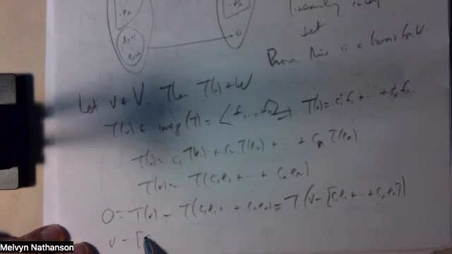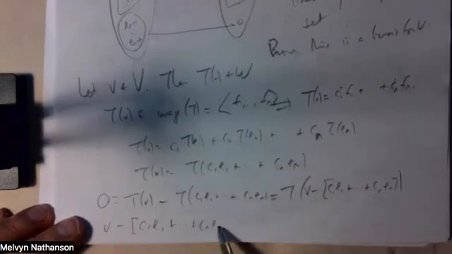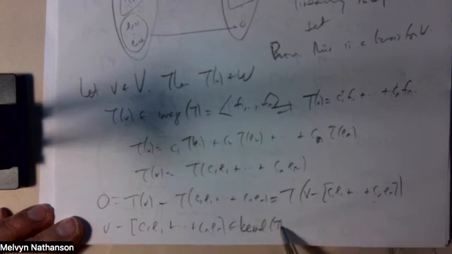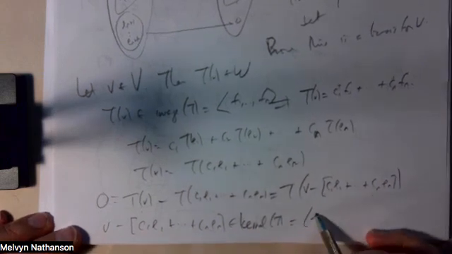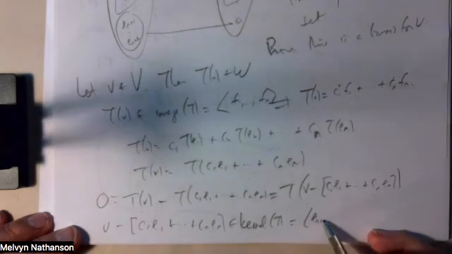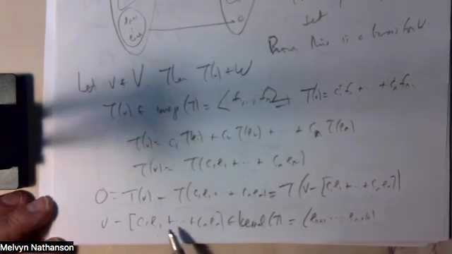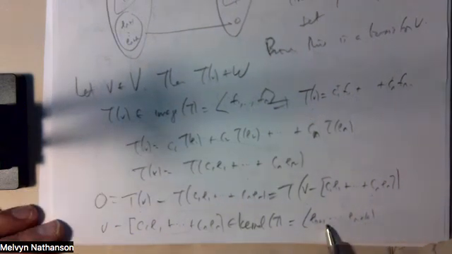So v minus this sum has to be in the kernel of T, which is generated by E_{R+1} up to E_{R+K}. So v minus this vector is a linear combination of these vectors.